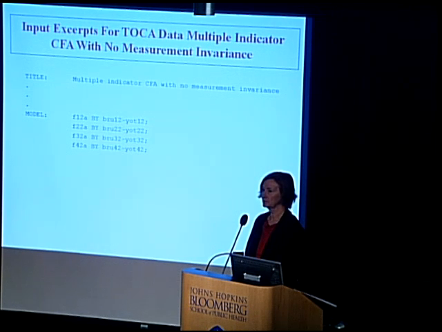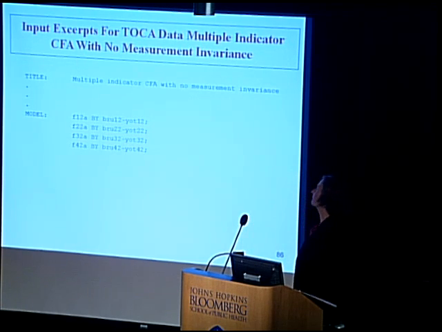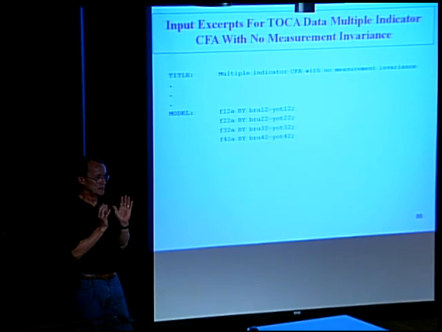So in this case, nothing is being held. The only equalities are across groups by default, not ever across time. But if you're going to do the first step of this multiple indicator modeling, what I would call longitudinal factor analysis, that is, you make sure that you have invariance of the factors across time.